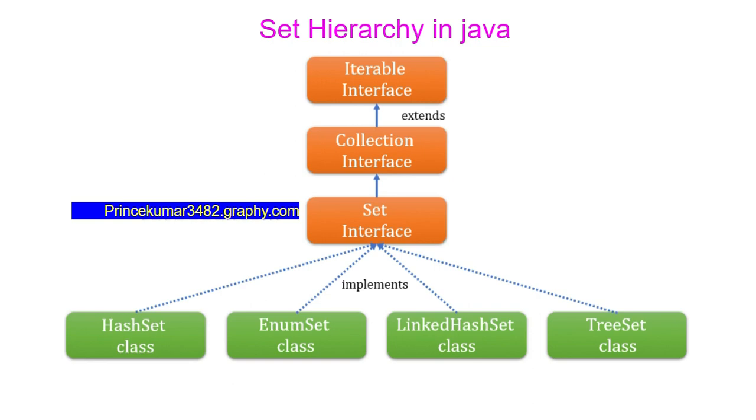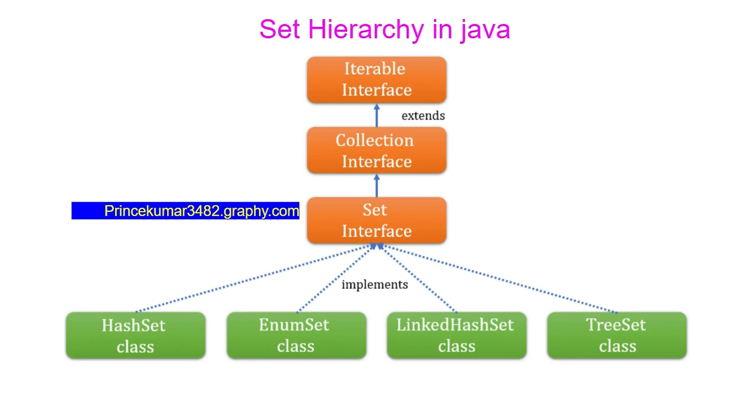List is allowed to store duplicate values, and it will also maintain the insertion order. But Set will not store duplicate values, and it will not maintain the insertion order. These are the two points you have to remember while comparing List and Set.